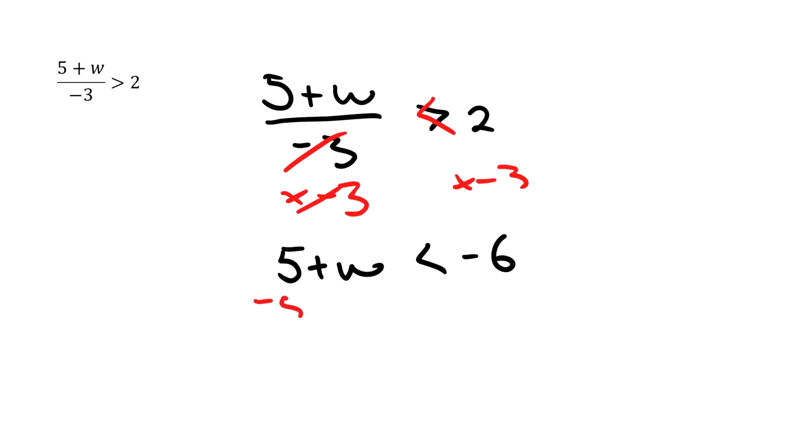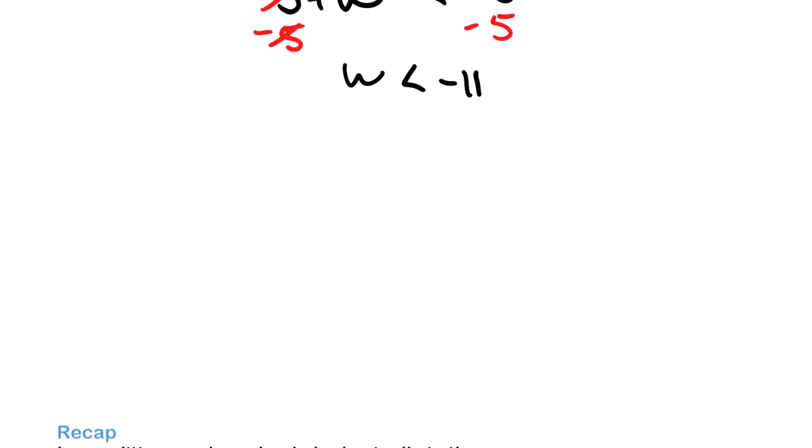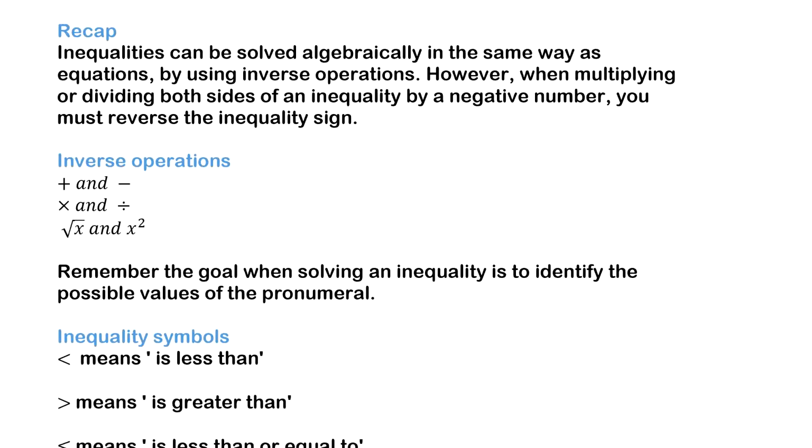I then can get rid of the 5 by doing -5. That cancels out. I'm left with w is less than -6 take away 5. Whenever you're taking away something from a negative, it becomes a bigger negative. So -11.